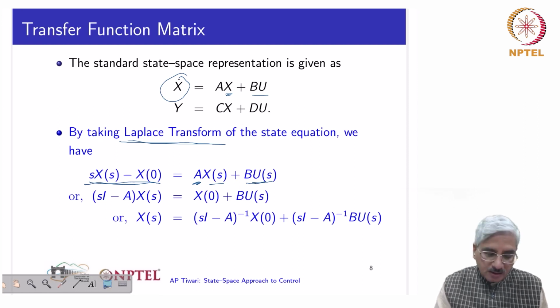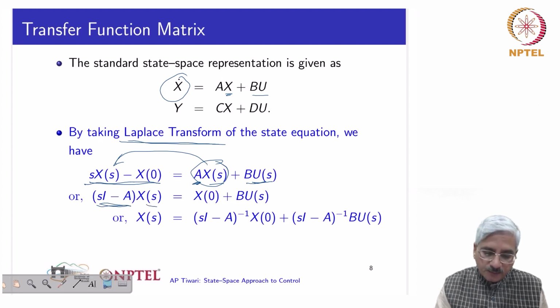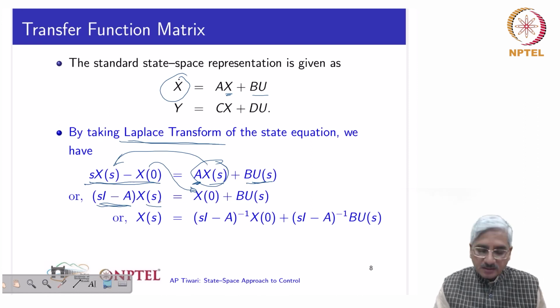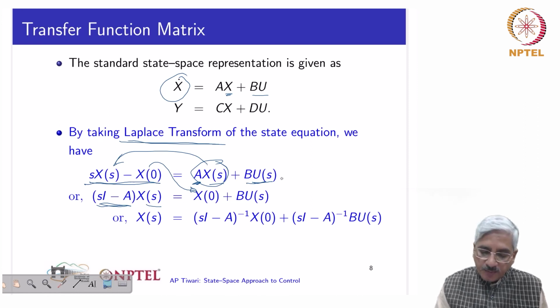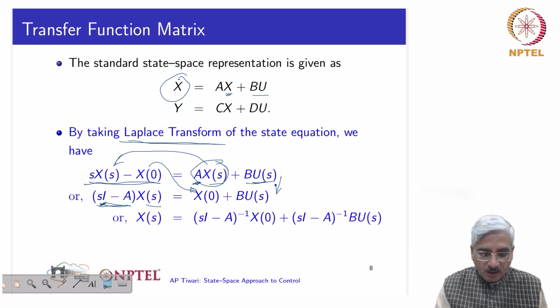We rearrange the terms, bringing this term onto the left along with this one and collecting them together. So we have (sI minus A) times X(s) equal to x0 plus BU(s), with x0 taken on the right. Here I is an identity matrix of the same size as A.